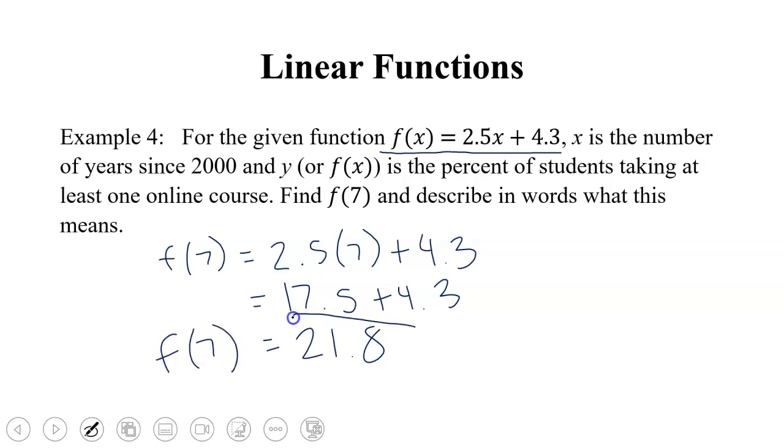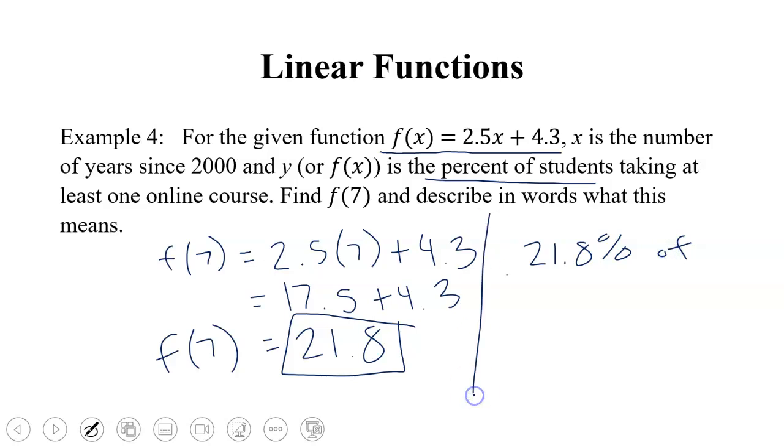All right, so 21.8. But we need to describe in words. What does that mean? That is the percent of students, right? So 21.8% of students took at least one online course.